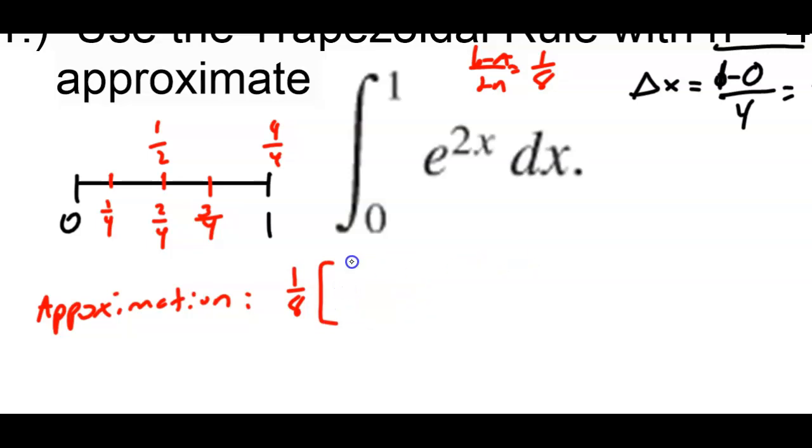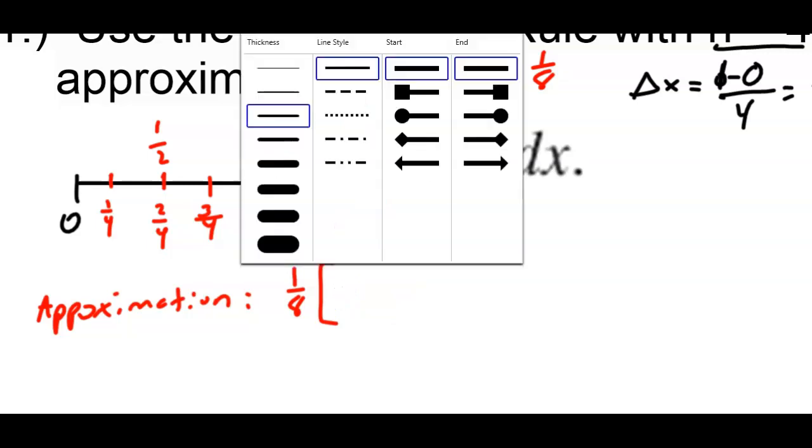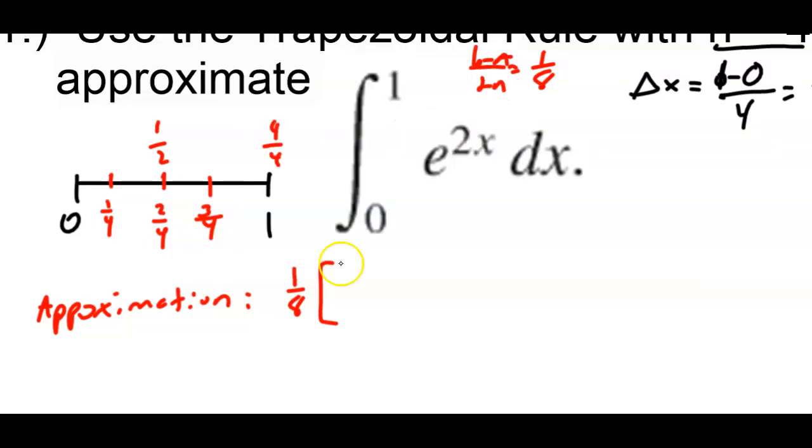The first value we're going to evaluate is f of 0, which is 1 times f of 0. I normally don't write the 1, but for the sake of instruction, I'm going to show you. Then you're going to do 2 times f of 1/4, because it's 1, 2, 2, 2, 2, and then 2 times f of 2/4.